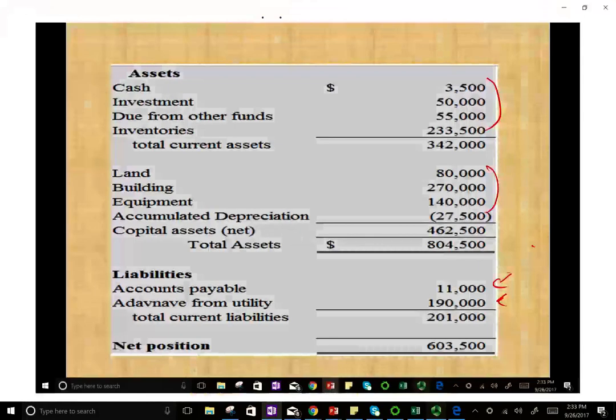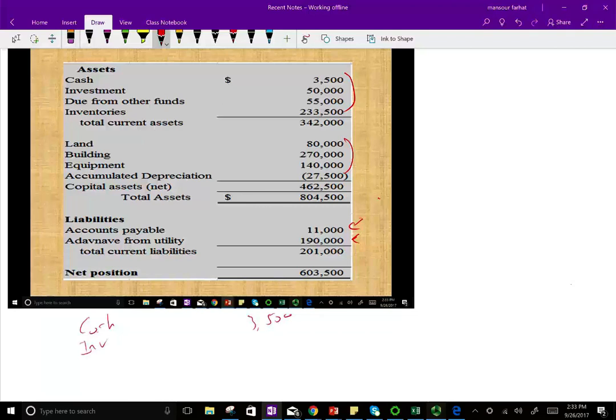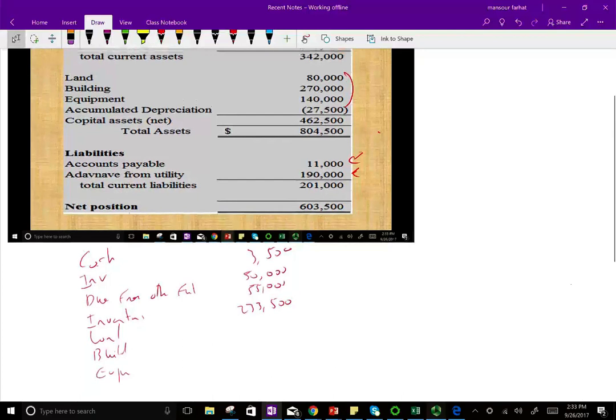I'm going to debit cash, 3,500, debit investment, 50,000, debit due from other funds, 55,000, debit inventories, 233,500, debit land, building and equipment: land, building, equipment, that's 80,000, 270,140.